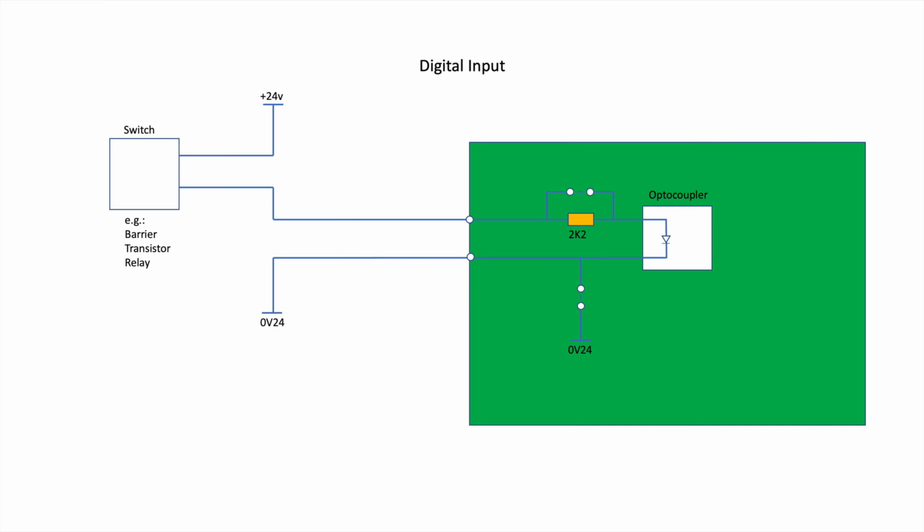This simplified example circuit shows each digital input has two links, one to short the default 2K2 resistor for 24 volt DC operation and the other to connect the negative side to the common 0 volt 24. By default, when shipped, both switches are set to the open position, so the inputs are set to operate from 24 volt DC with external 0 volts.